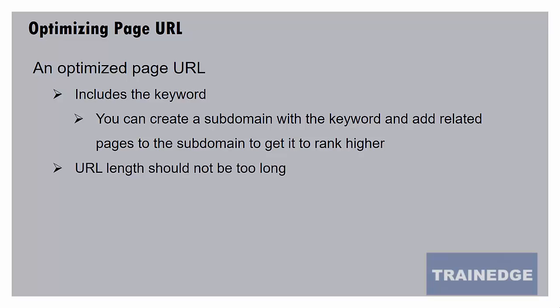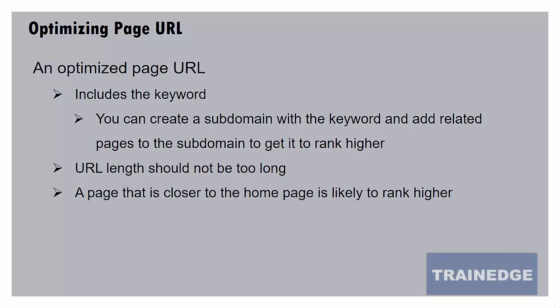Google does not like long URLs, so try to keep it short, but it should include the keyword. A page that is closer to the home page is likely to rank higher. What it means is, from the home page, how many folders away the page is.